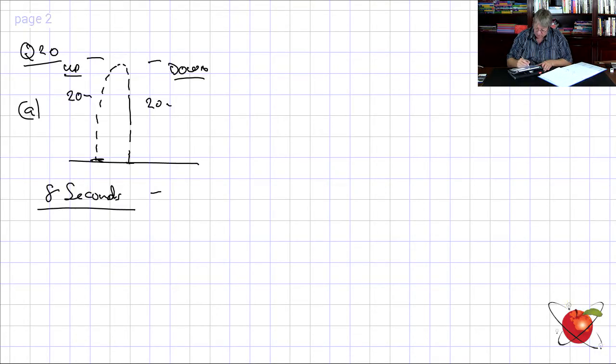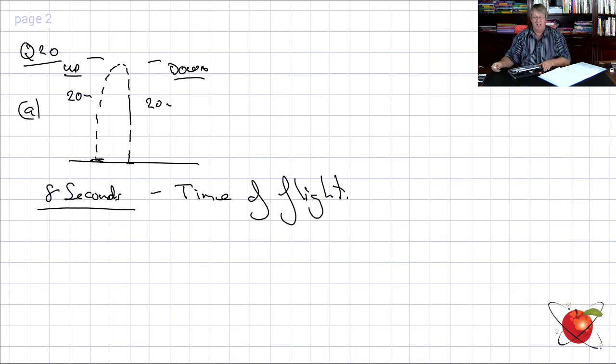So we say it took 8 seconds. When they say it took 8 seconds, we're saying it took 8 seconds from when it left my hand until it got back to my hand. This is also called the time of flight, the flight time.